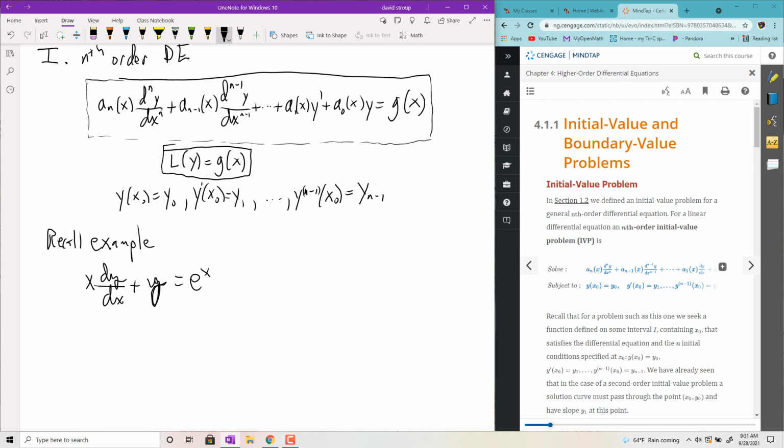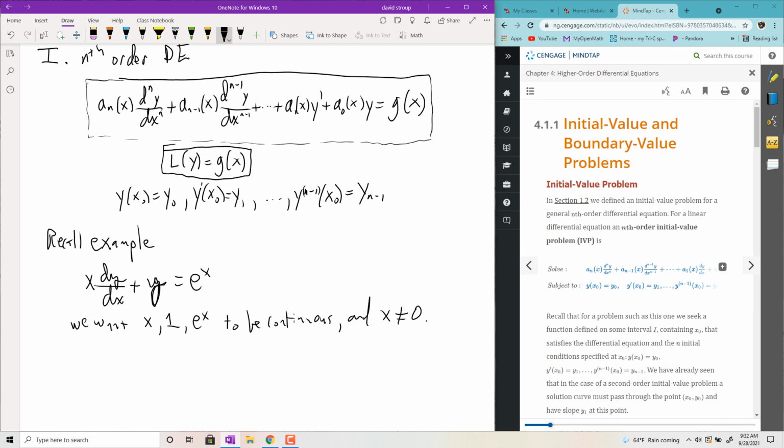We're just going to leave it as it sits. And then for this to have a unique solution, we require the coefficients to be continuous. So now we want x, the coefficient on y prime, 1, the coefficient on y, and e to the x to be continuous, and x to not equal 0.